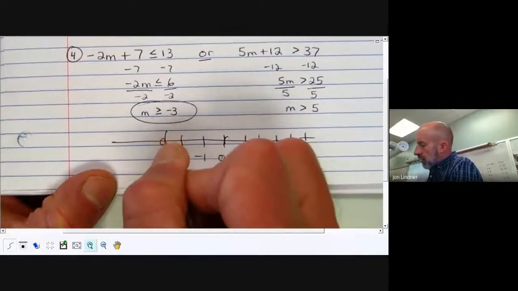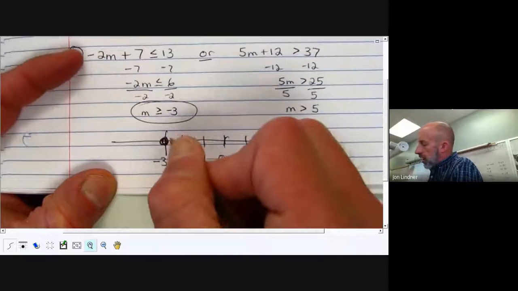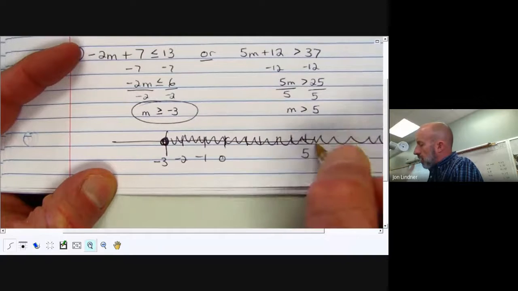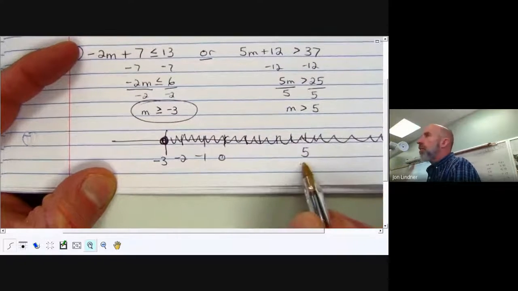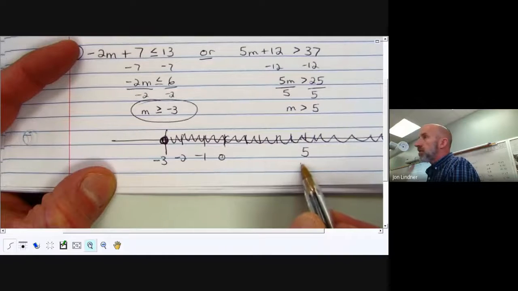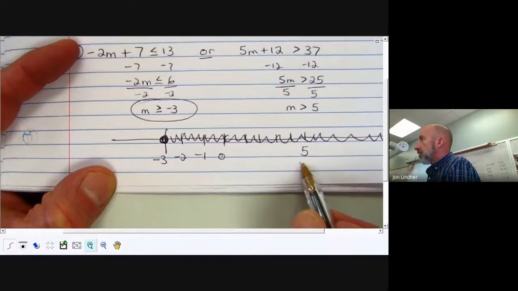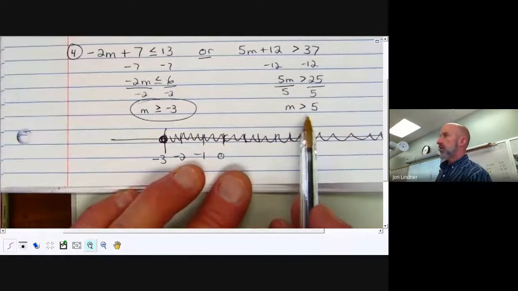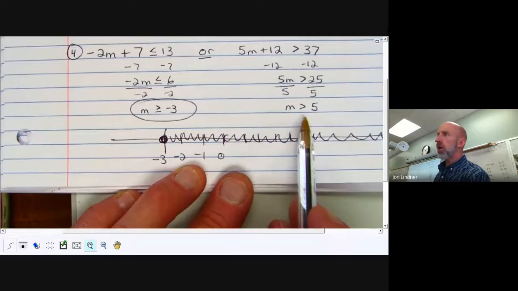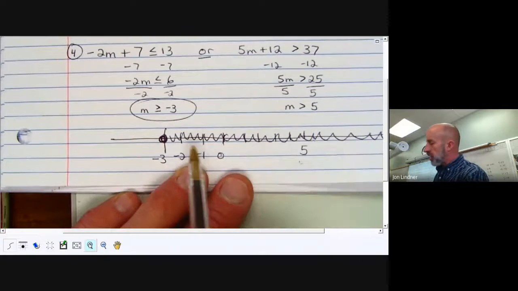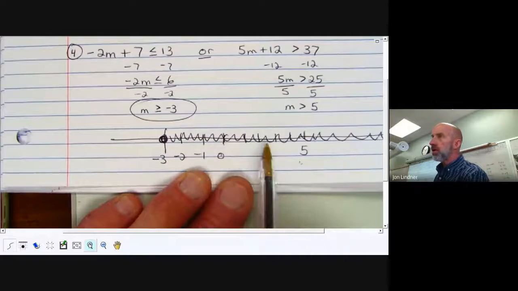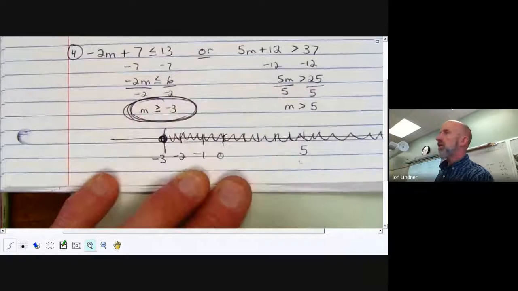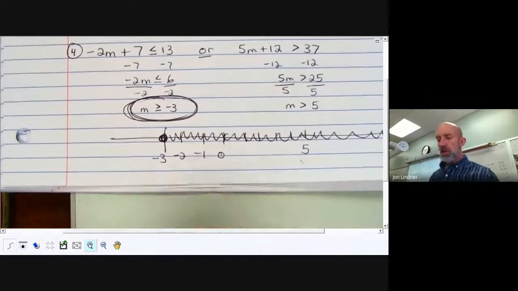By shading to the right of this greater than or equal to -3, I also get all of the possibilities for 5. If I only would have graphed m is greater than 5, I would have missed out on all of these numbers in between here. So that's why this is my solution to this compound inequality.